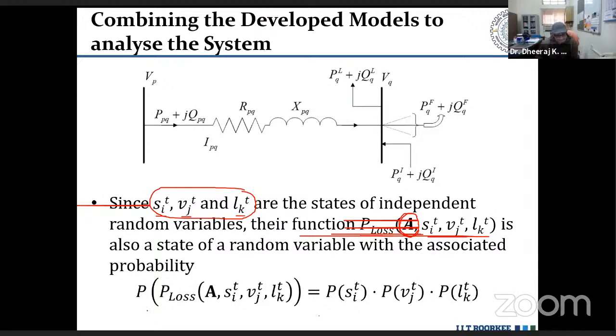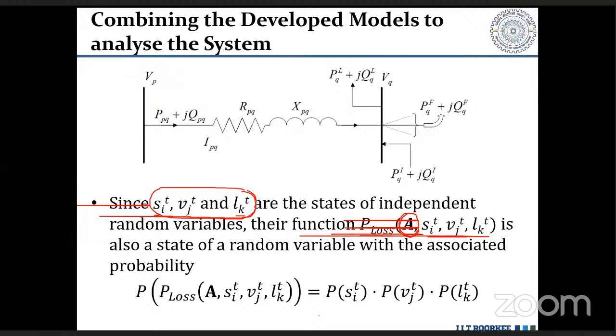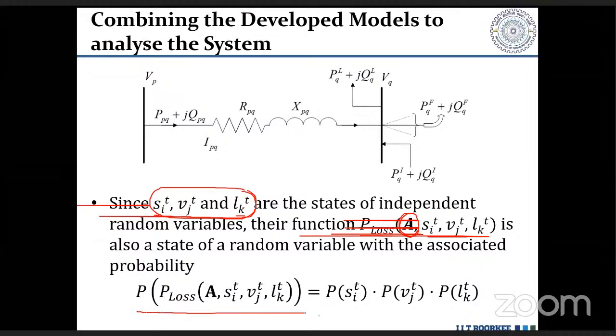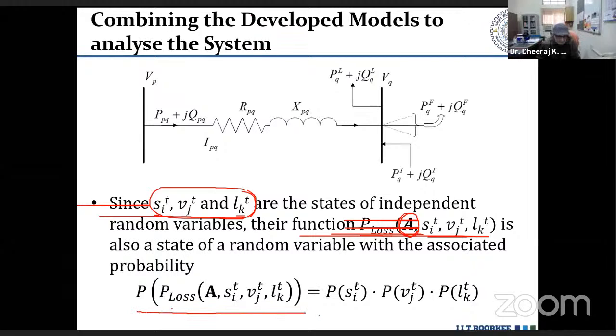So the probability, because these are actually defined by different probabilities, any function like power loss will also have some certain probability. Suppose corresponding to these random variables, we have this much power loss.